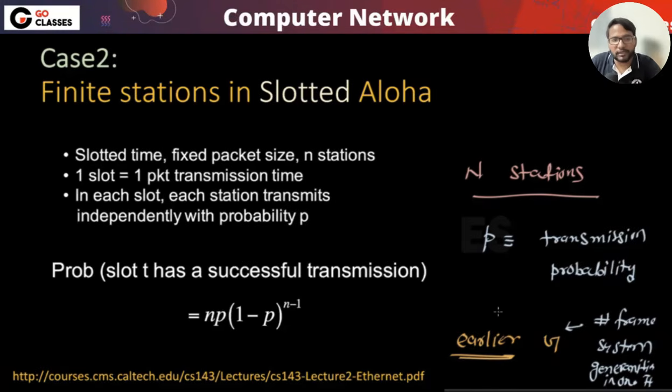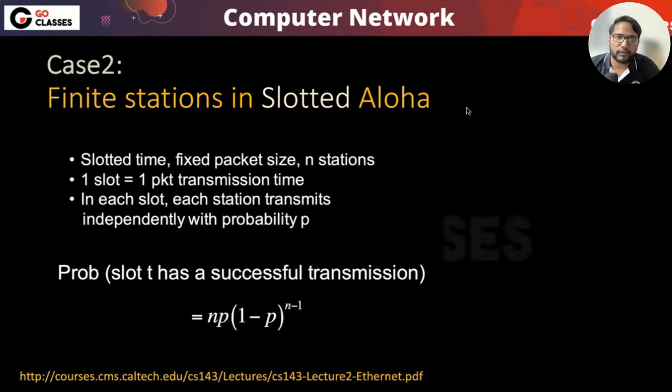Let's directly see the analysis of slotted Aloha. Here there are n stations, and each is transmitting with probability P. Earlier we had G, not individual probabilities. Now, what is the probability that a given slot is successful?